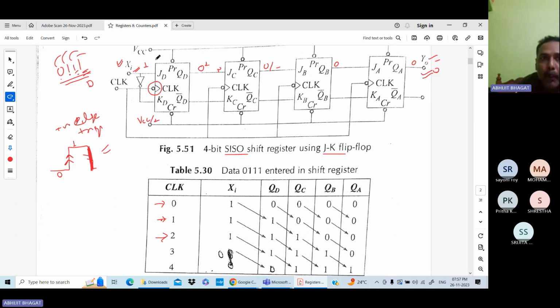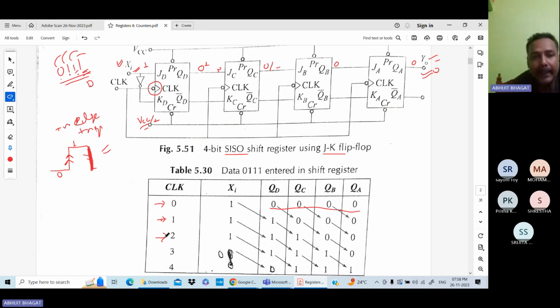So for the normal operation this preset and clear is set to 1, meaning high voltage. Clear? That was only initially, we made it 0 to set everyone to 0. Initially we made clear 0 to clear everything. Clear? Then when you start providing the clock pulses for the normal operation, we set this to VCC.